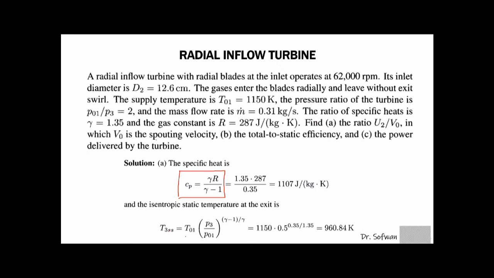T3SS is equal to T01 times P3 over P01, or the pressure ratio, to the power of gamma minus 1 over gamma. In the question, we know the value of T01, the pressure ratio and gamma. So we plug those values into this equation, and we will get the isentropic static temperature at the exit equal to 960.84 Kelvin.